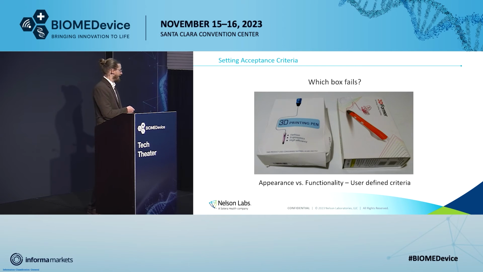If you know the box on the left will most likely lead to a package failure in your sterile barrier system, then you can throw it out as soon as you see something like that. But you may have done the testing and shown that, hey, even if the box looks like this, the sterile barrier system is actually robust enough that it would survive that. So it all depends, right?